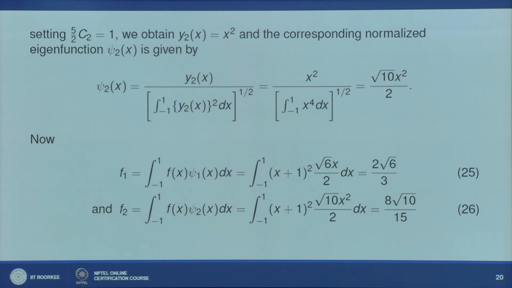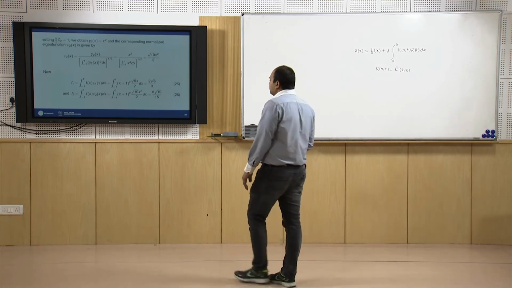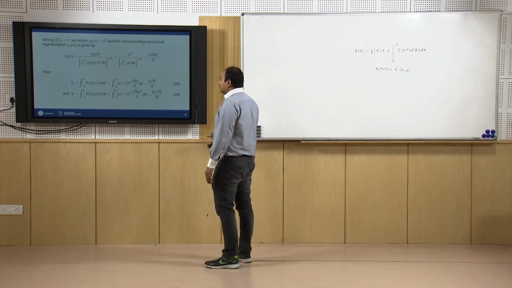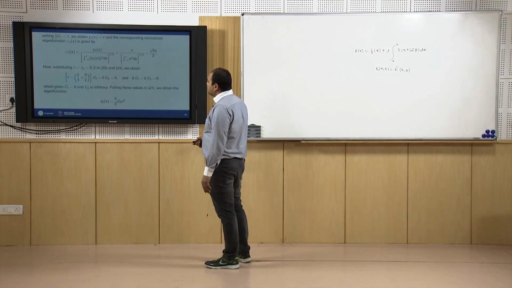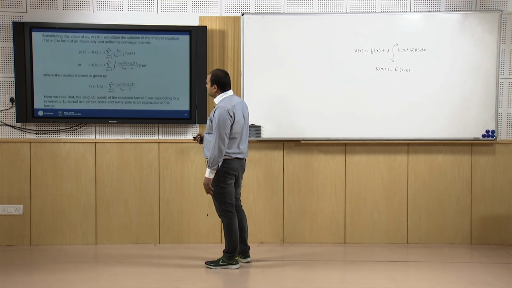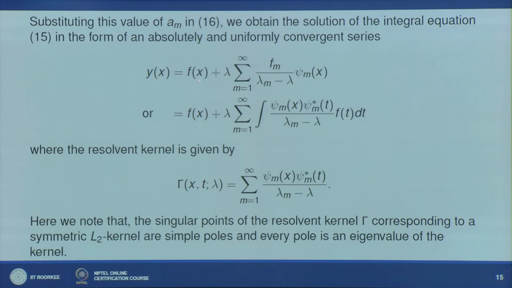So once we have psi 1 and psi 2, then you can use our formula. I am just going back to this, where we say that the solution is written as y(x) equal to f(x) plus lambda times the sum from m equal to 1 to infinity of fm upon lambda m minus lambda times psi m(x).